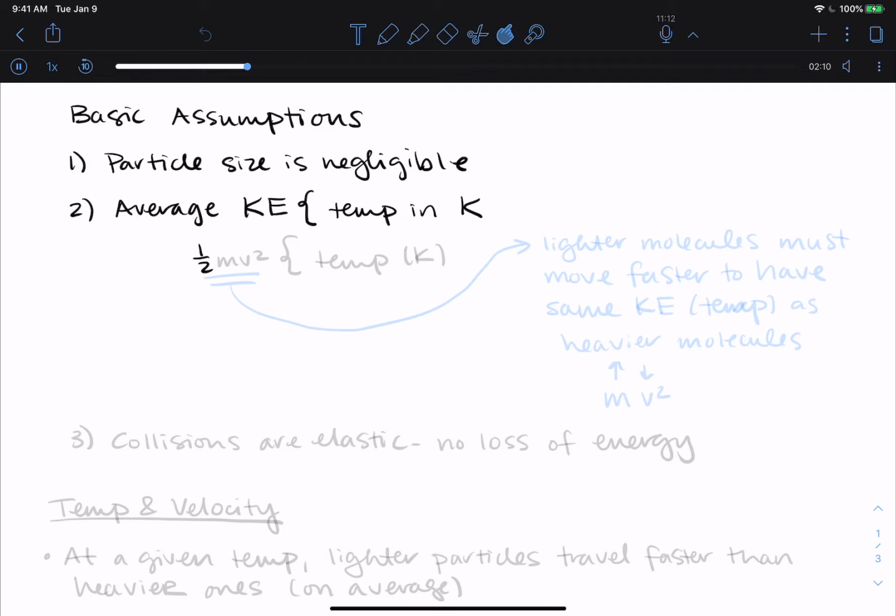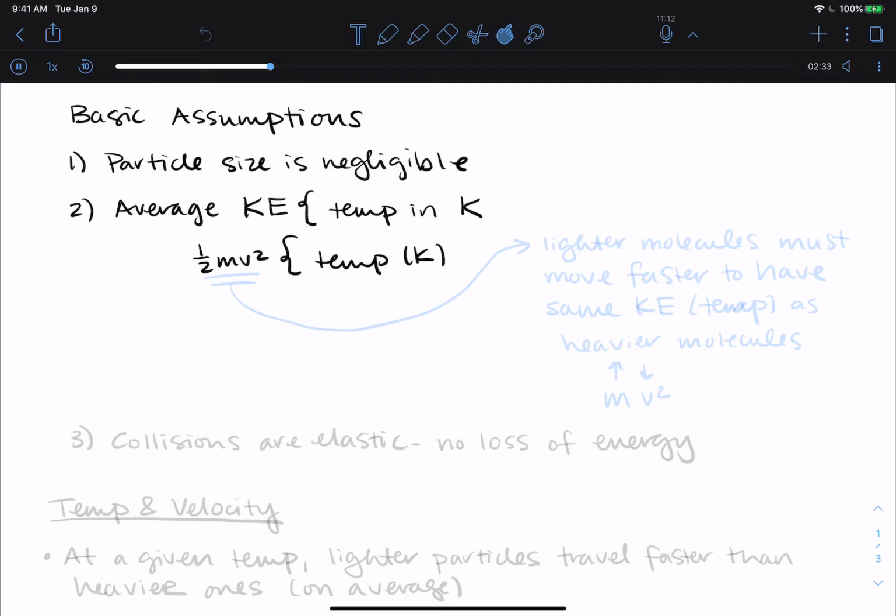Kinetic energy is 1/2 mv squared. It's directly proportional to temperature in Kelvin. So if you have two samples of a gas and they are both at the same temperature, they would have the same average kinetic energy for their particles.